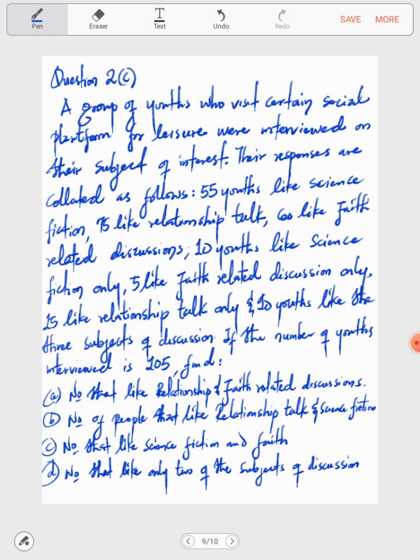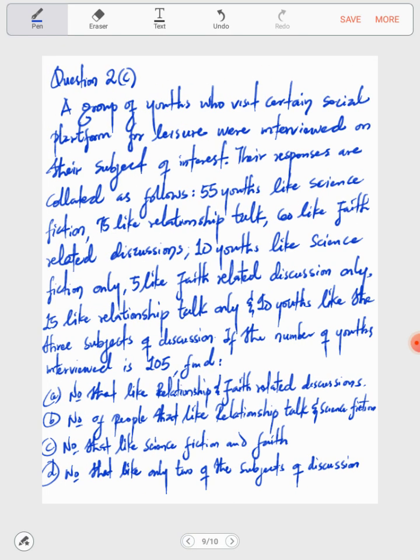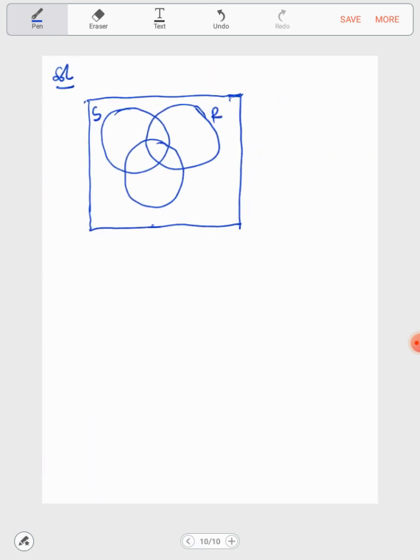The first, which is science fiction, let me represent by S. The next one is relationship, R, and the last is faith, F. So the whole of this circle represents science fiction, this one relationship, and this one faith.